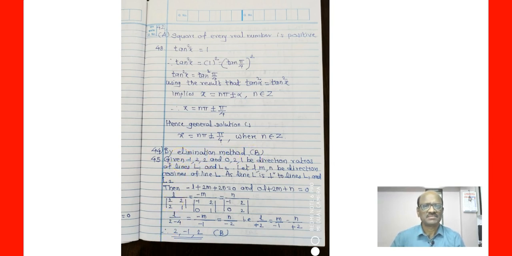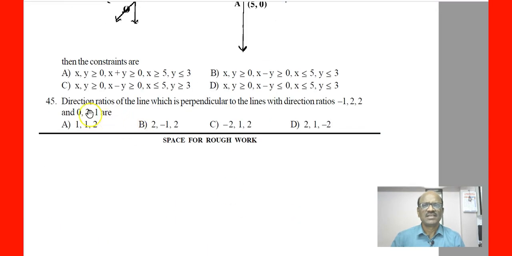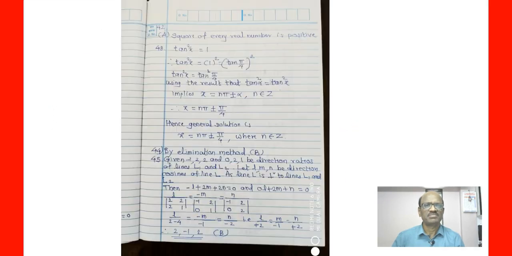Next question. That is it. Direction ratios of the line which is perpendicular to the lines with the direction ratios given, again this is a simple question, are -1, 2, 2 and 0, 2, 1.